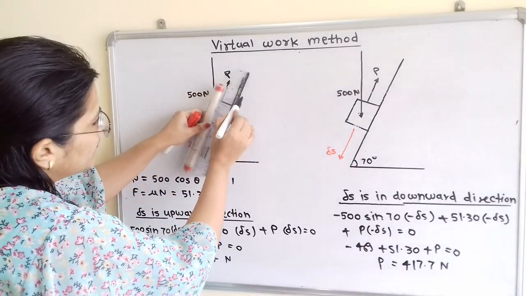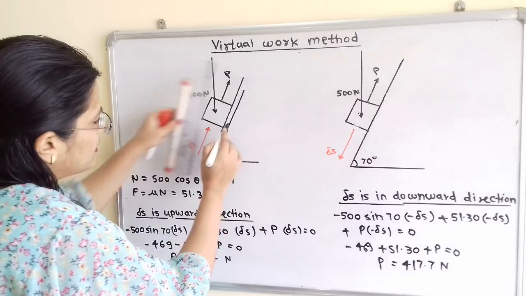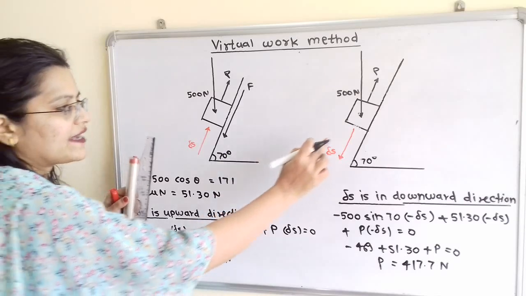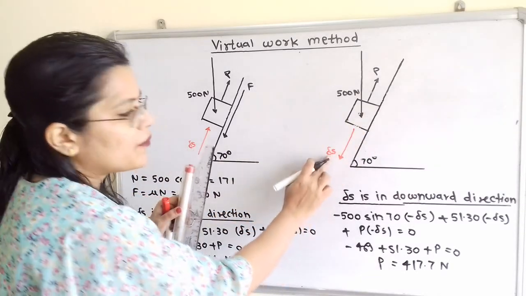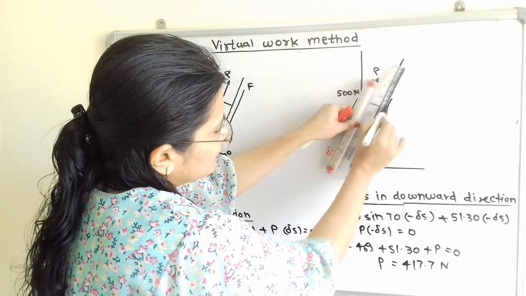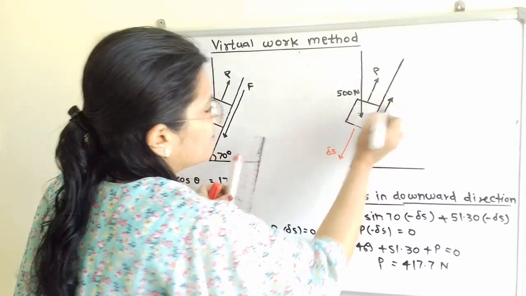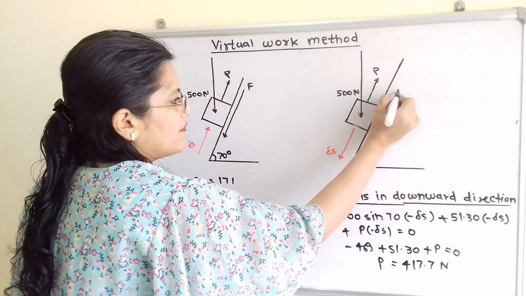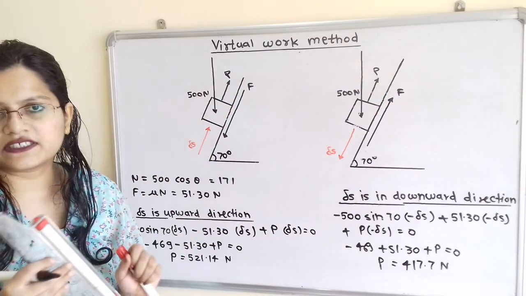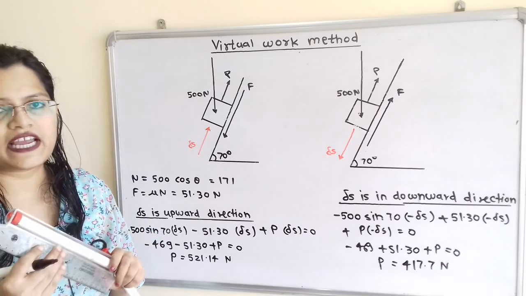So we will show here one line parallel to the inclined surface, and this frictional force is F. Now in the second case, the frictional force is in the opposite direction of delta S, that is in the upward direction. So here is F.